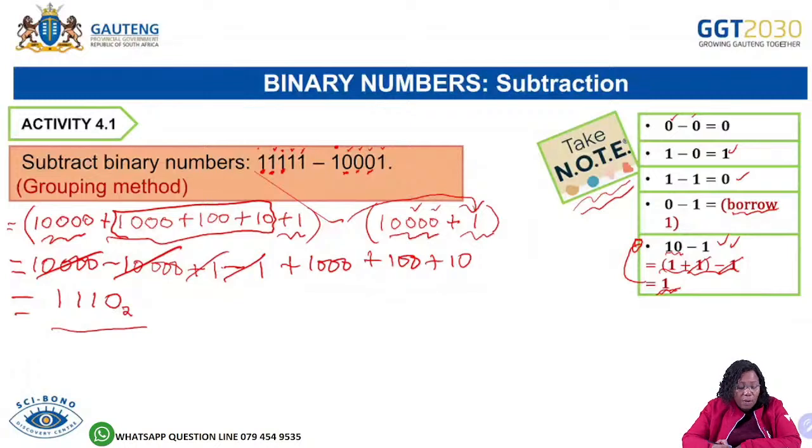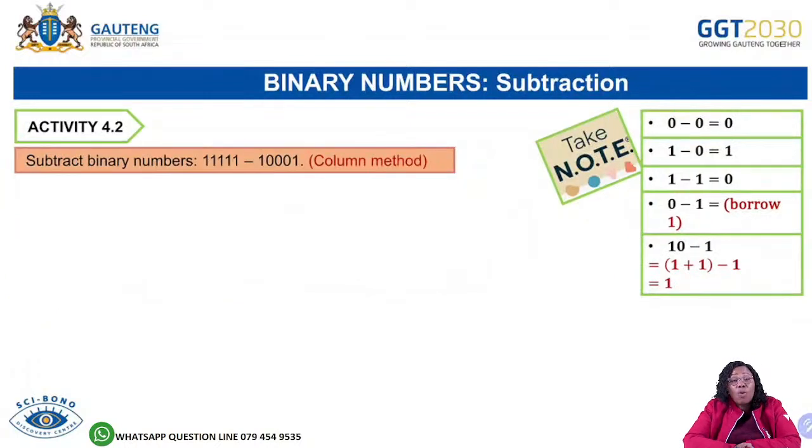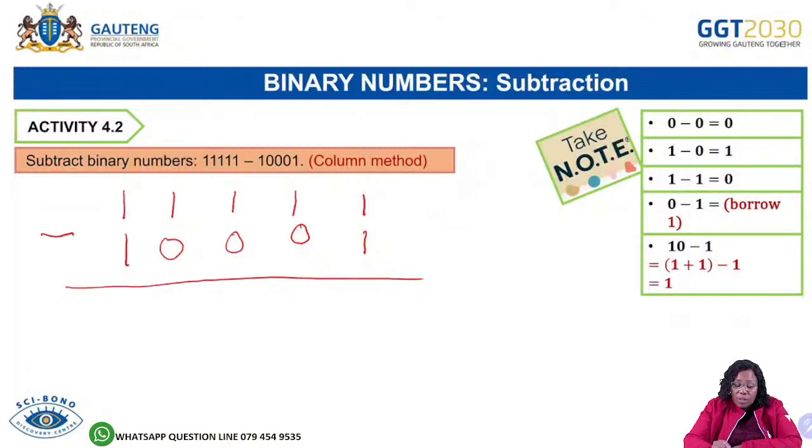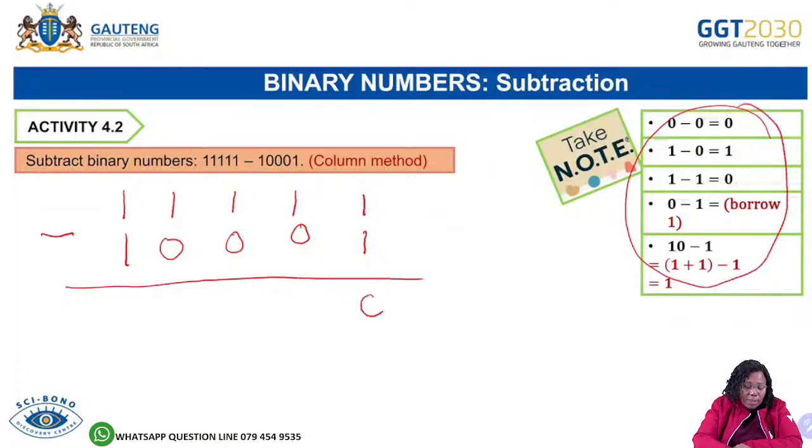And then let's see now. We want to use the column method now. Still subtracting what? 1, 1, 1, 1, 1, 5 of them. And then we are having 1, 0, 0, 0, 1. And then we are subtracting this using the column method. Remember, we are following the rules from here. It says when you subtract 1 minus 1, the answer is 0.